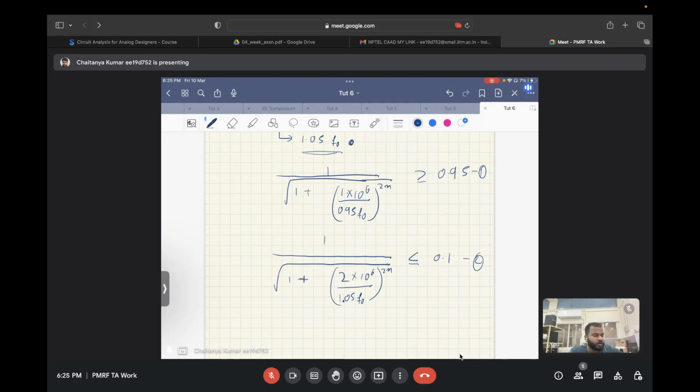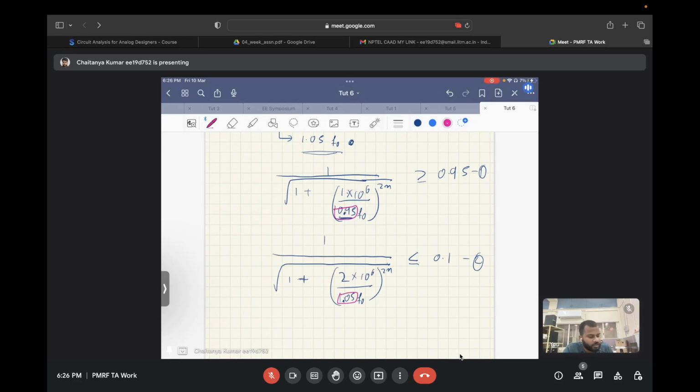Now, since you have the worst case scenario for both the inequations, you can convert them into equalities and solve for F naught and n, because again you will have two equations and two unknowns. Same as previous, the only modification is that now you have these coefficients with F naught.